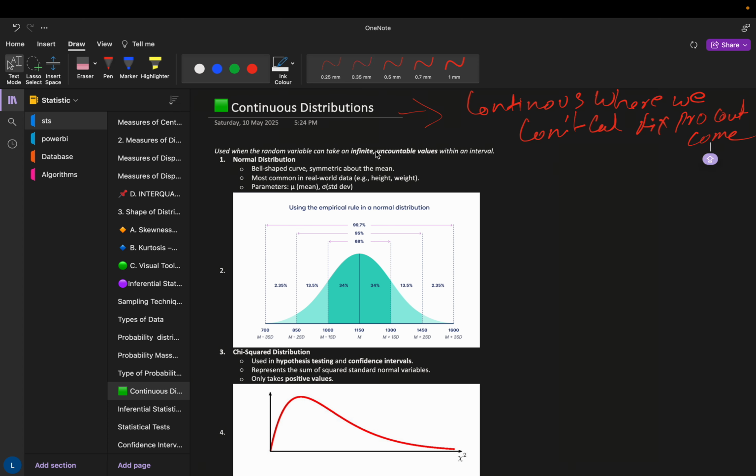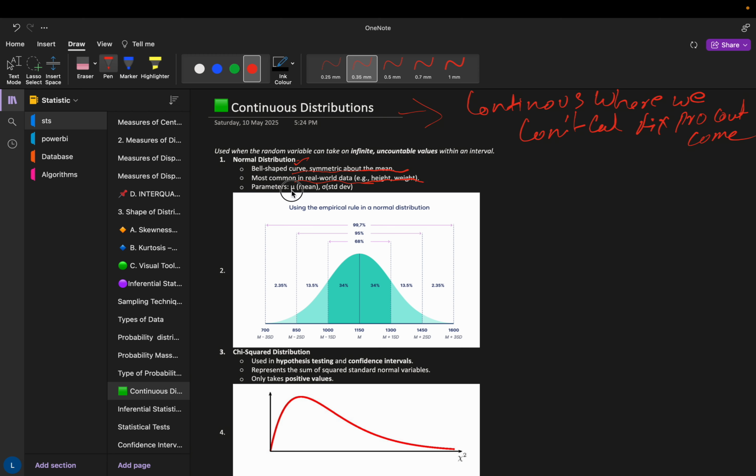Now, well, speaking about the continuous distribution, it is a really important topic even in terms of statistics, because normal distribution is normally a bell-shaped curve, symmetric about the mean. Most common real world data, for example height, weight.